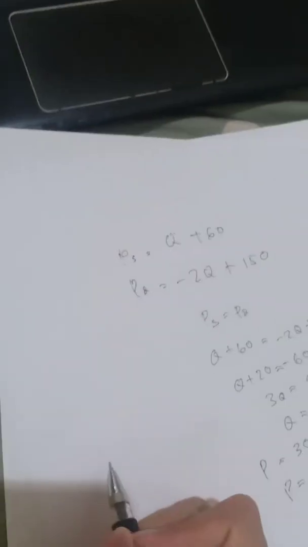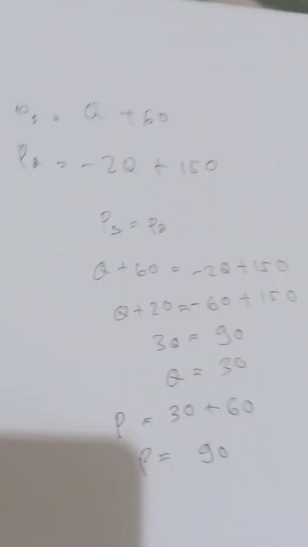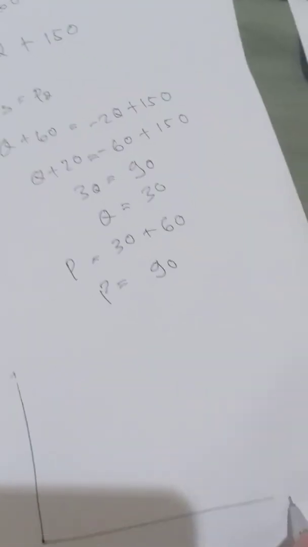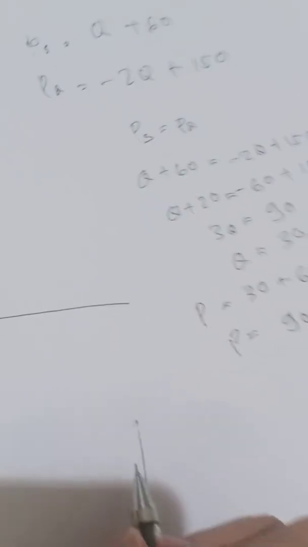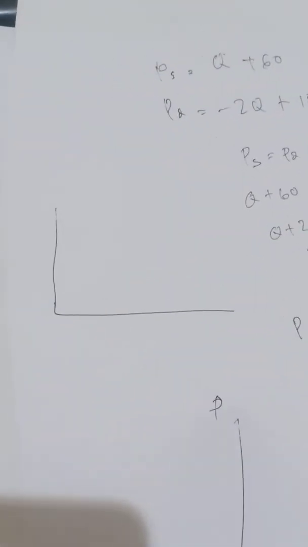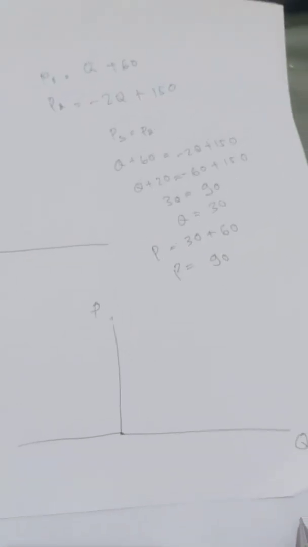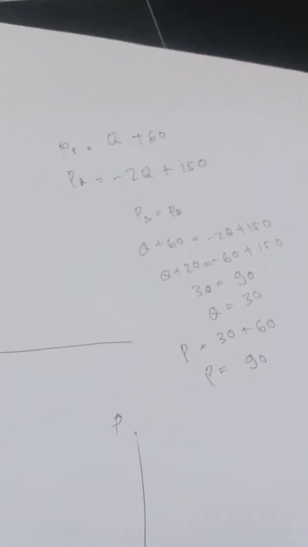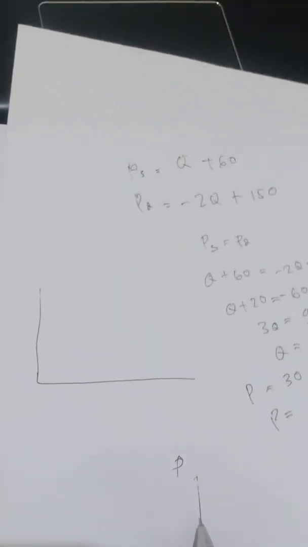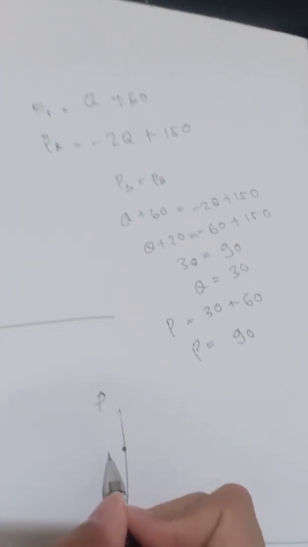So we will make the curve. This is the second result. Here the quantity and here the price. I find that Q is 30 and P is 90.